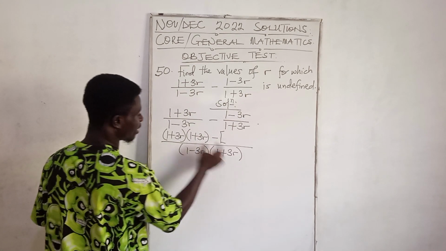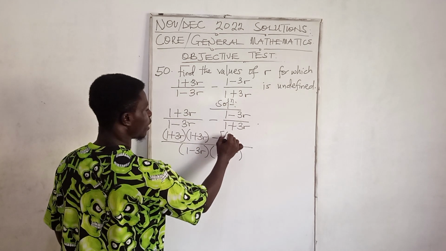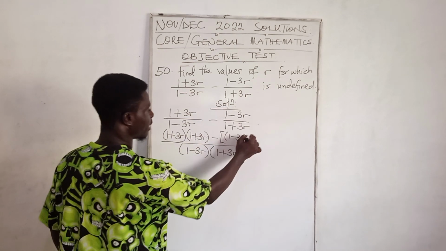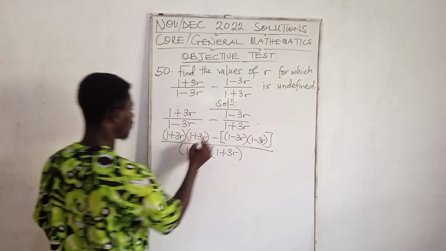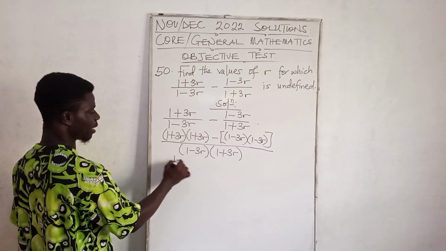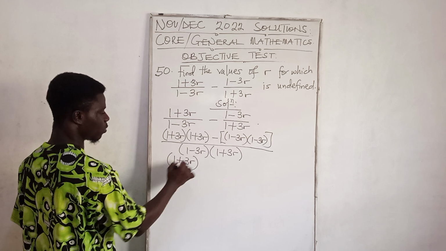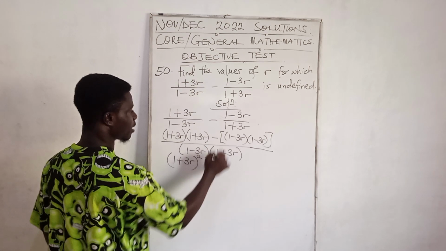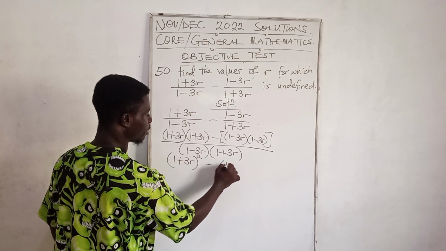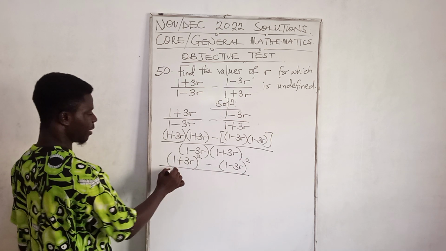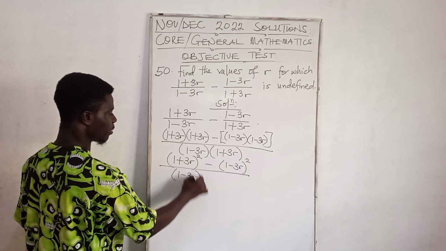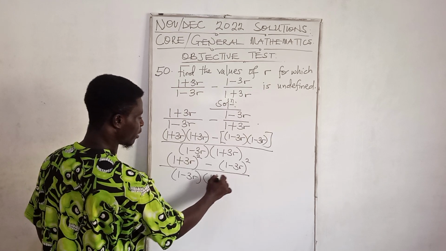Then this guy takes away that, so we get 1 minus 3r multiplying the same 1 minus 3r. They are the same, so I can write it as 1 plus 3r all squared, then minus 1 minus 3r all squared, divided by 1 minus 3r, 1 plus 3r.